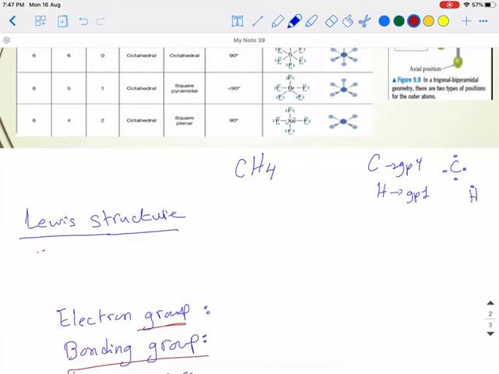Hydrogen belongs to group 1, so it has 1 electron in the valence shell. If I want to calculate the valence electrons as per Lewis, it's 4 plus 4 times 1, which is 8 electrons. Okay, this is the central atom, carbon, surrounded by 4 hydrogen atoms.